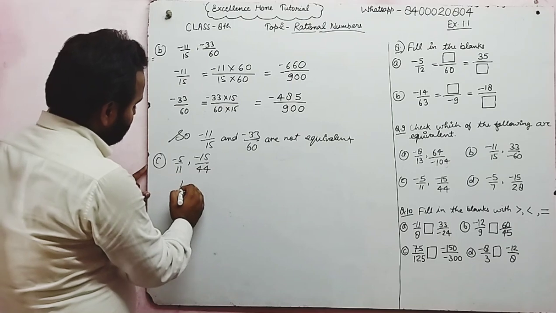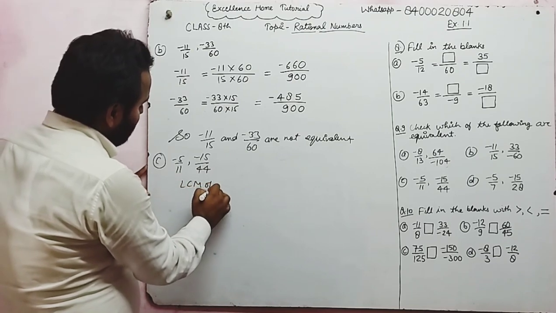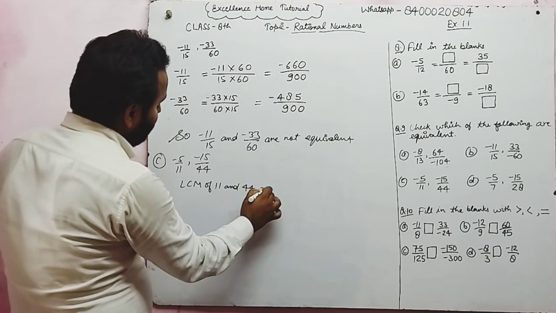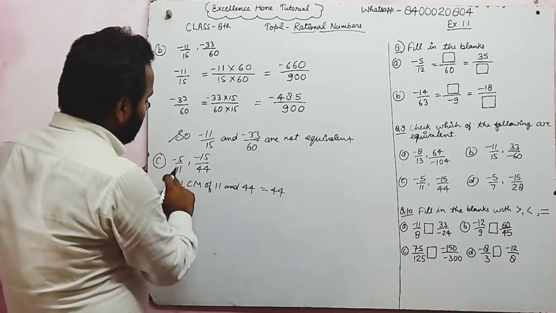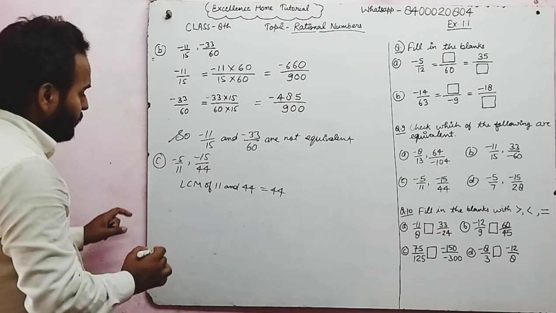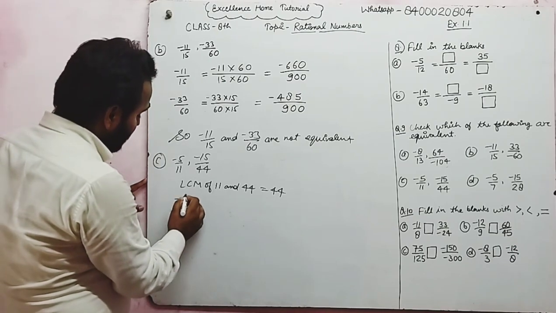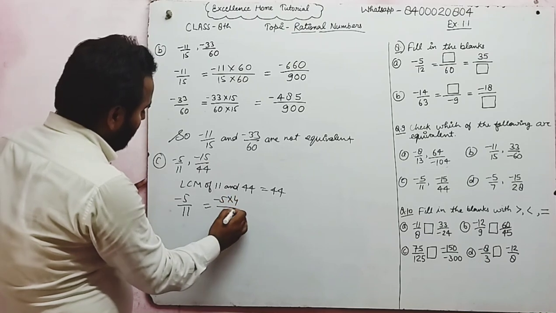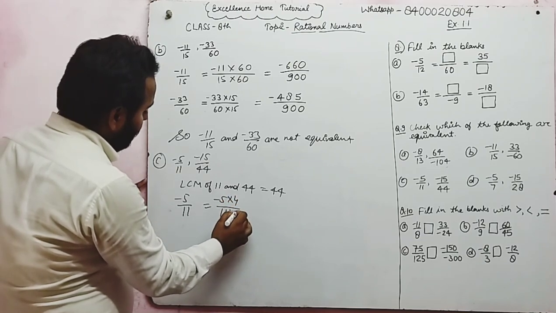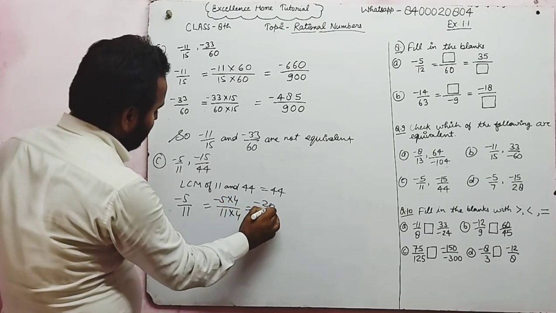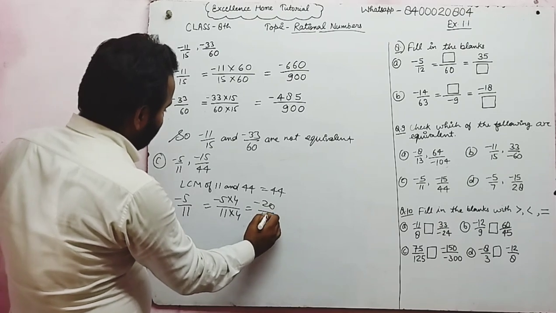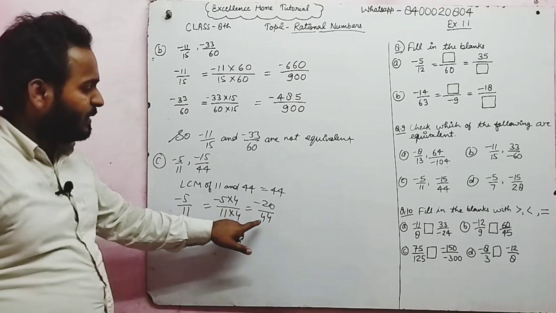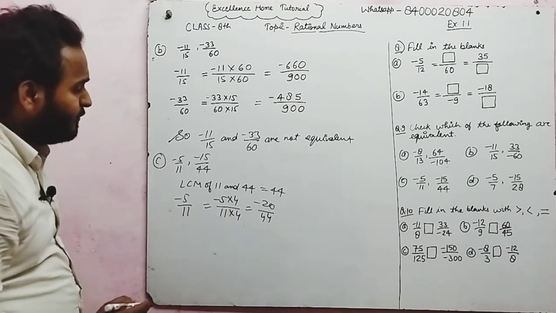The LCM of 11 and 44 is 44, because 11 divides 44. So minus 5 by 11 is equal to minus 5 into 4 upon 11 into 4, that is minus 20 upon 44. So this value is minus 15 by 44, this value is minus 20 by 44.